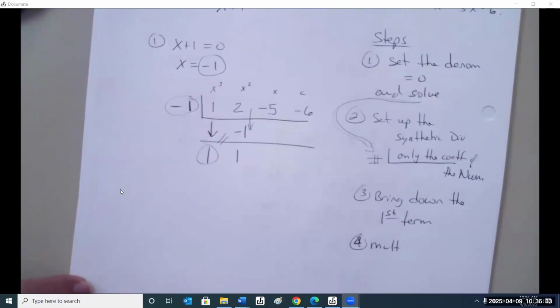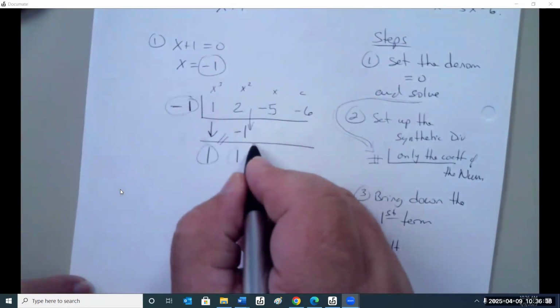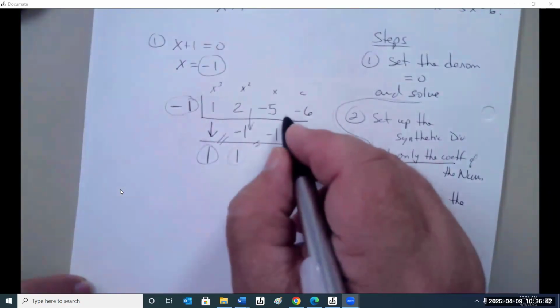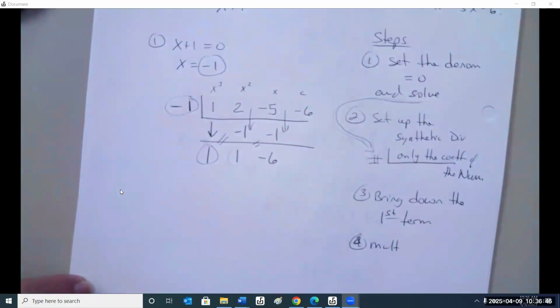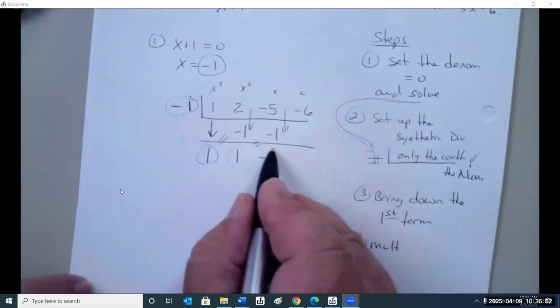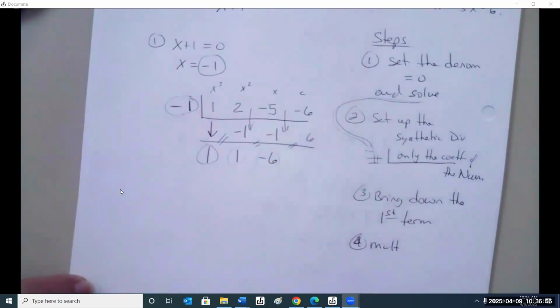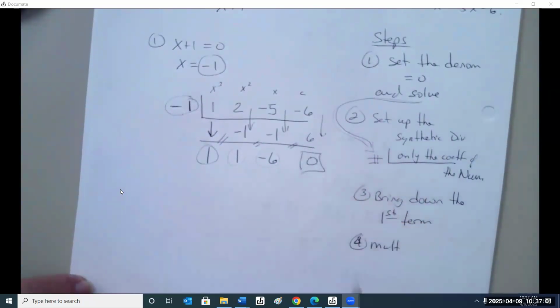Repeat the process. Negative 1 times 1 is negative 1. Add straight down. Negative 5, negative 1 is negative 6. Repeat the process. Negative 1 times negative 6 is 6. Add straight down. This is your remainder.